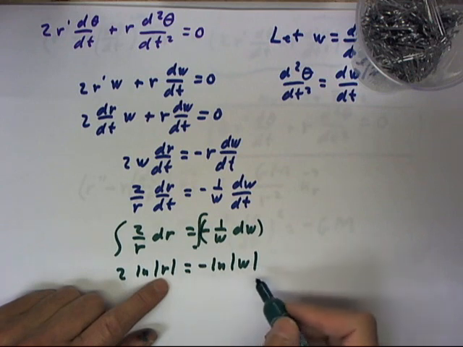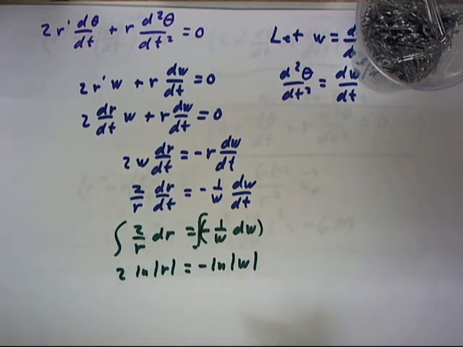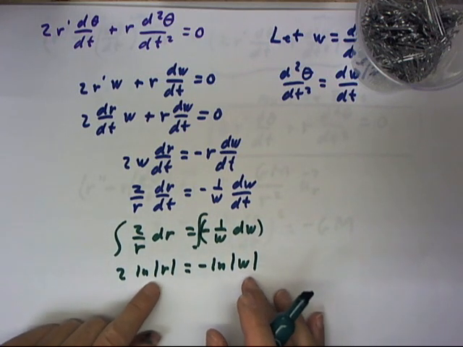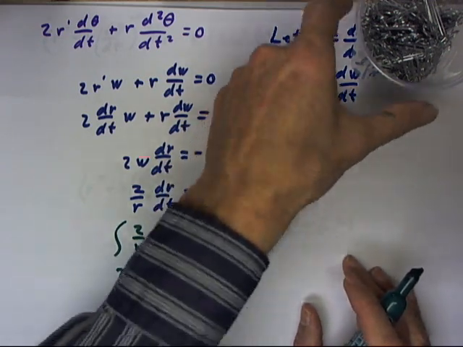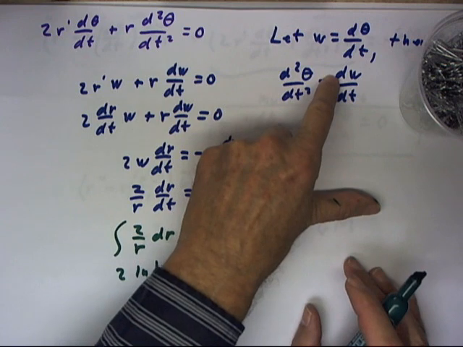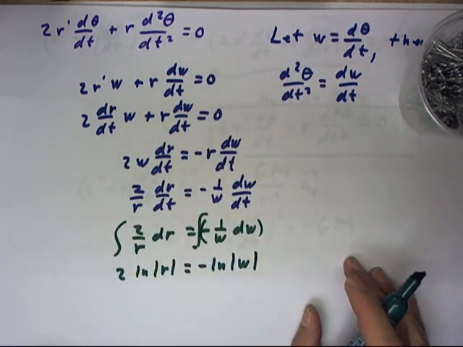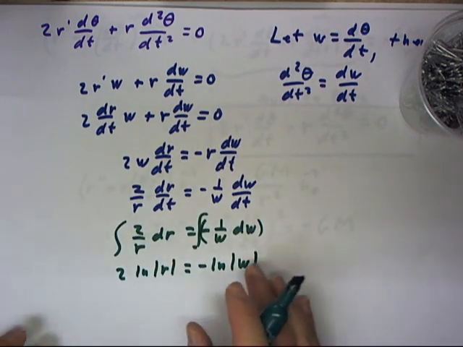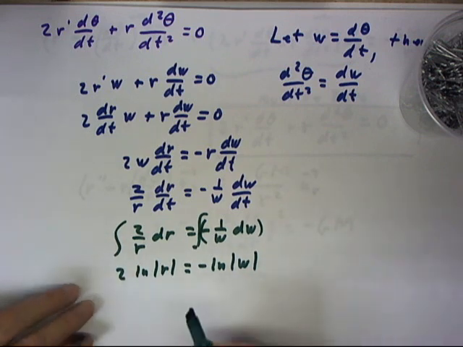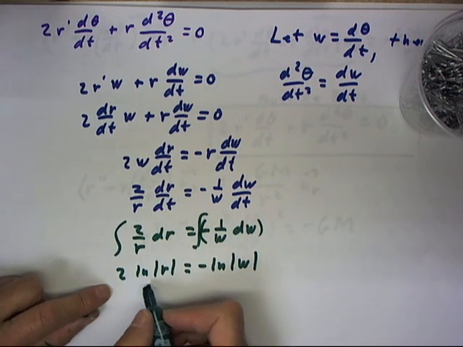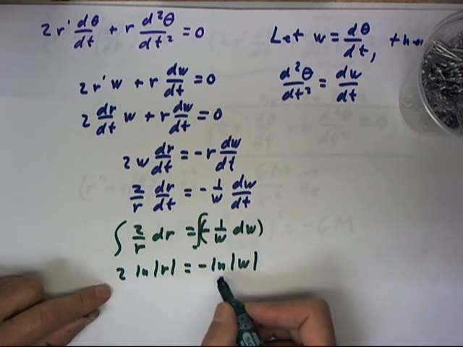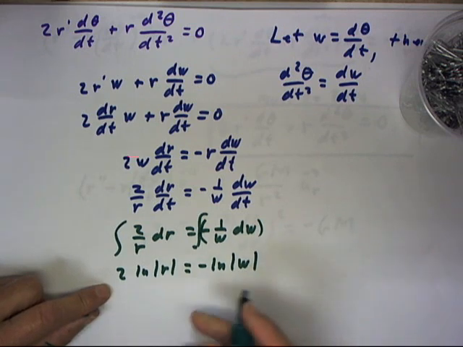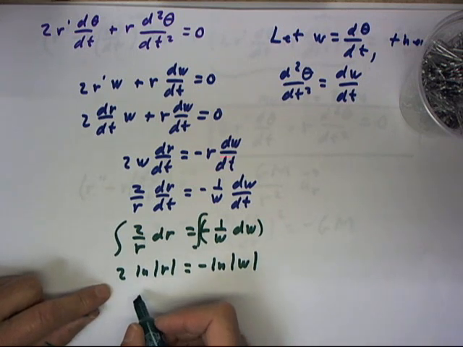Now, if we assume r and w are both positive, which we can't really necessarily do because w is d theta dt, and our r function might have a theta function that's moving in the negative direction, but let's again wave our hands just a little bit. So the natural log of the absolute value of r is equal to just natural log of r, and the absolute value sign can go away over here also.